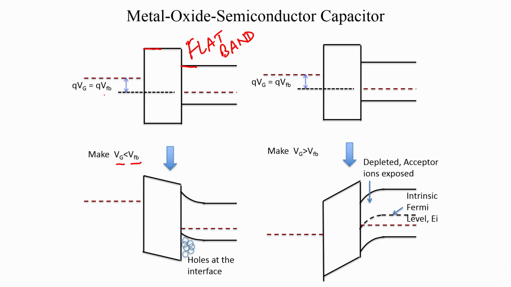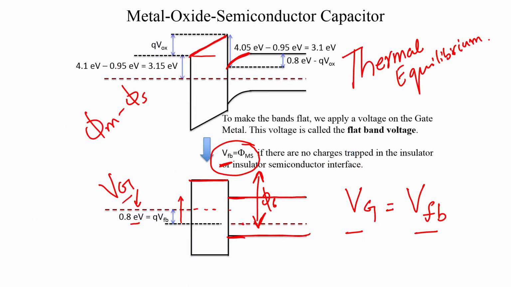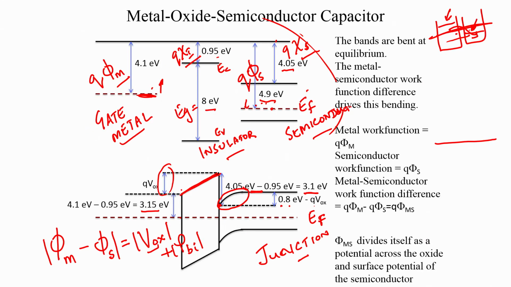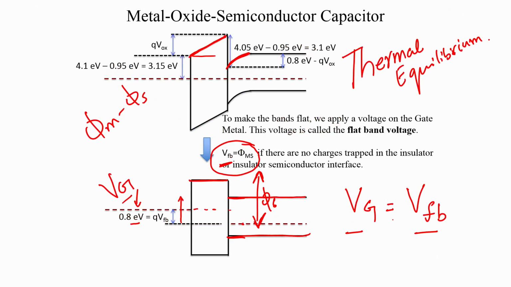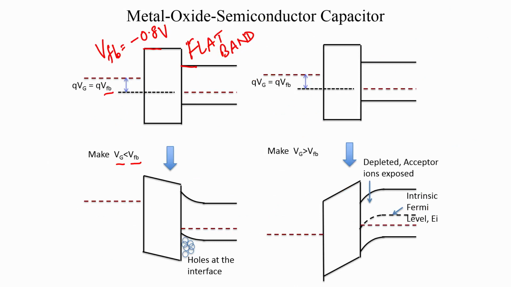In this case, VFB was minus 0.8 volts, because phi m is 4.1 electron volt, phi s is 4.9 electron volt, and phi ms, which is phi m minus phi s, is minus 0.8 volts. So, that was our flat band voltage.